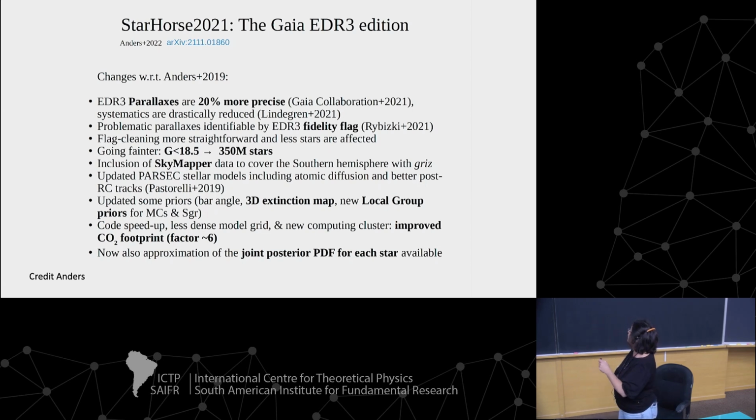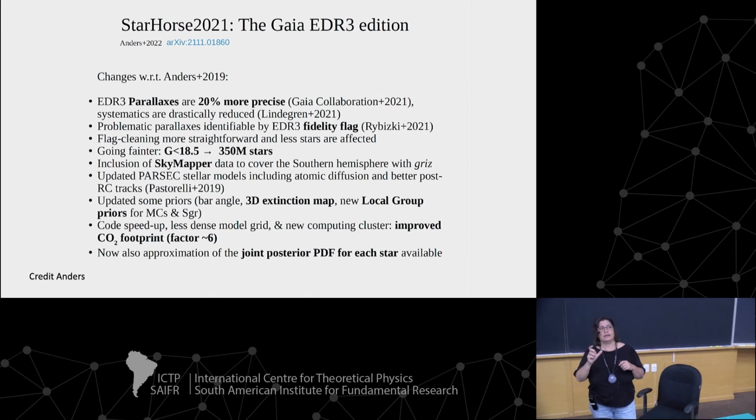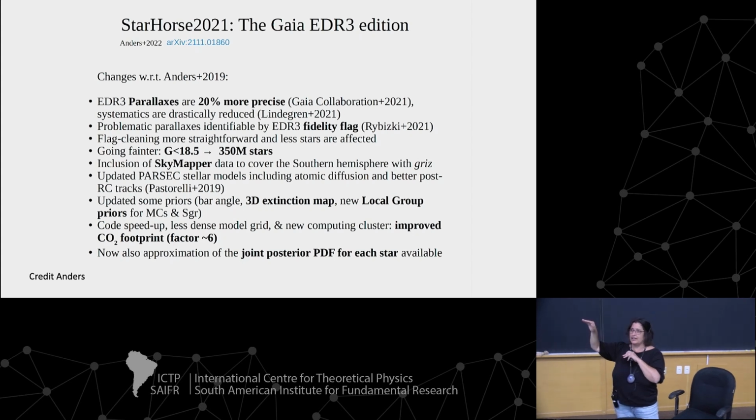So we had better parallax. But what really happened in Gaia from DR2 to EDR3 was an improvement in proper motion. Proper motion was very much improved. That's why this will be the sample that we are going to use to peer into the bulge, because even though the parallax is not helping me, the proper motion will do a great job in the bulge. That's why we waited for that to go into the bulge.